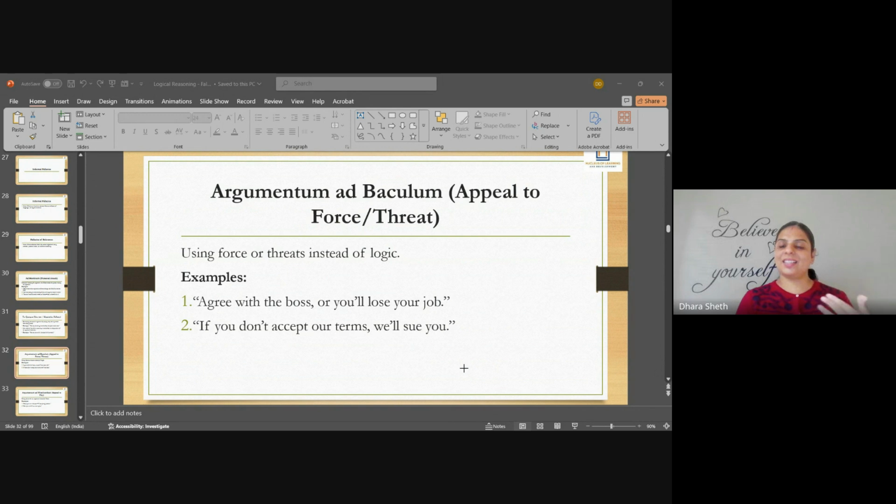Now, this is an argument which does not use logic, but uses force or threat. If you don't accept our terms, we will sue you. This is called argumentum ad baculum, or appeal to force or appeal to threat. Any of these could be the words used as an option in the exam. Clear with this?